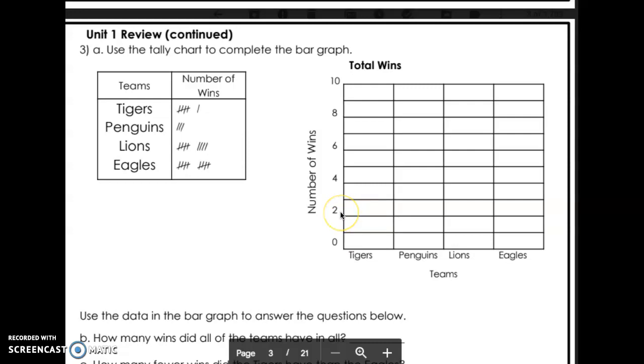What number is between 2 and 4? 3. So when you look at Tigers, you're going to say, oh, there's 5 and 1, that's 6. So you're going to fill this up as much as you can up to 6. At least show where your line would be. That whole graph would be filled out.